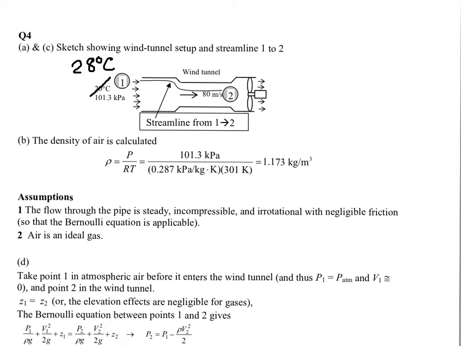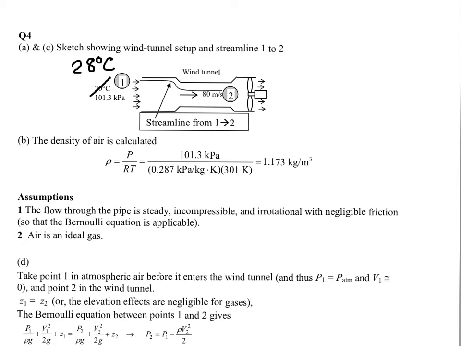Then we are asked to do a calculation after selecting a suitable streamline in the flow. If you look at the solution, the streamline from 1 to 2 is taken, and we are supposed to calculate the absolute pressure at the working section, and in addition, all the necessary assumptions.